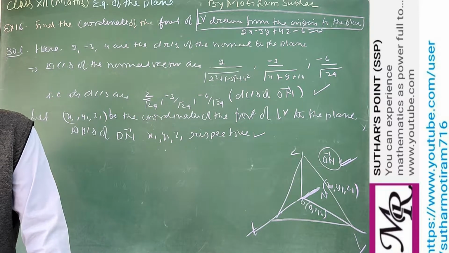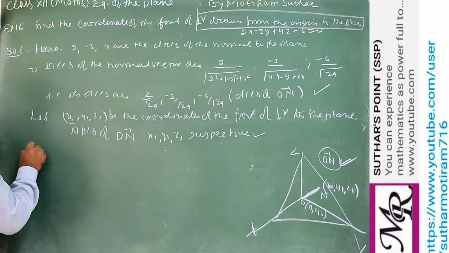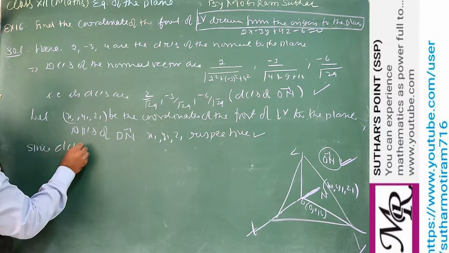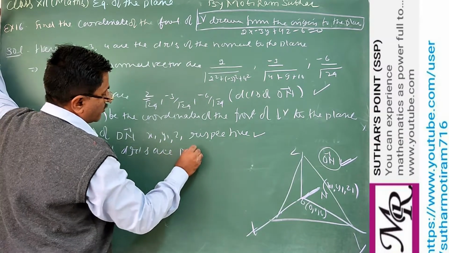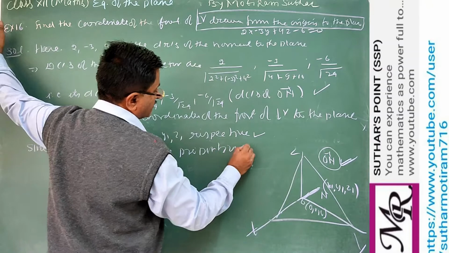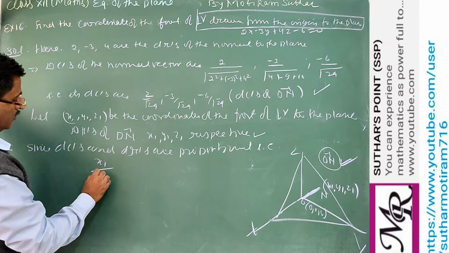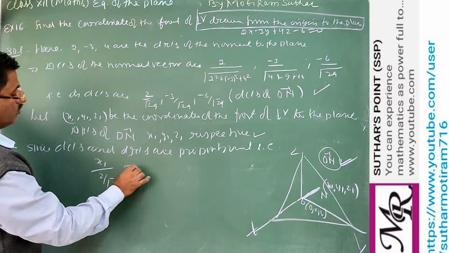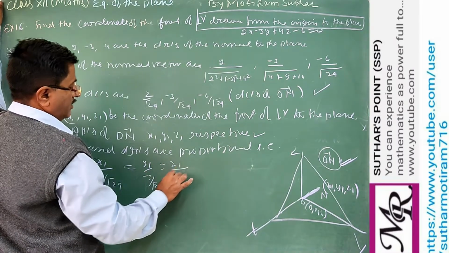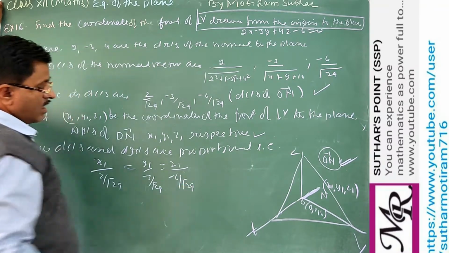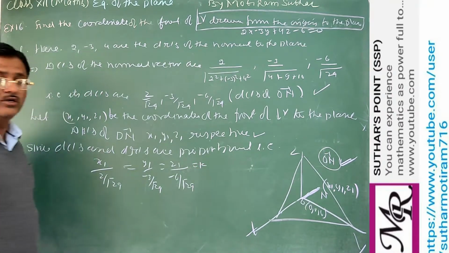You know that direction ratios and direction cosines are proportional. So x1 upon 2 upon root 29 equals y1 upon minus 3 upon root 29 equals z1 upon minus 6 upon root 29... let this all equal k.